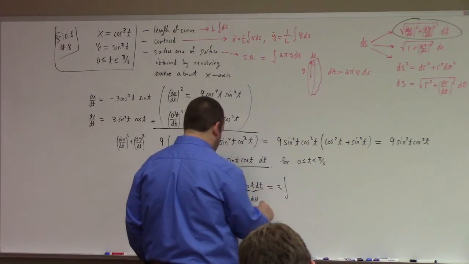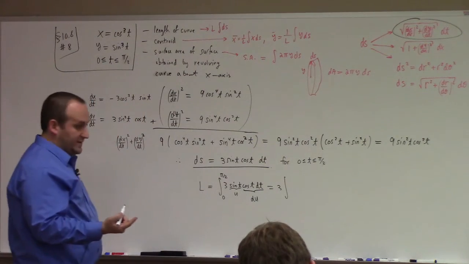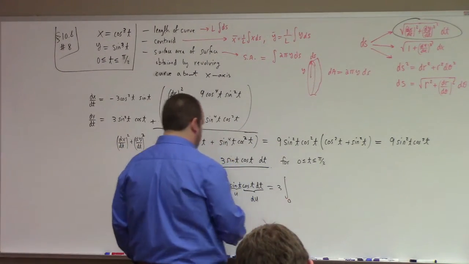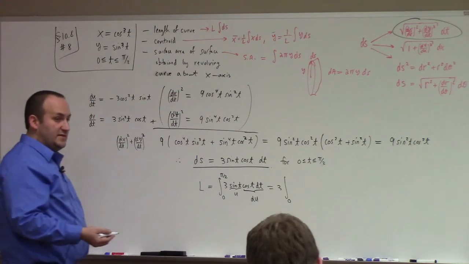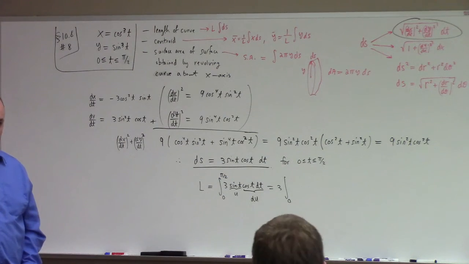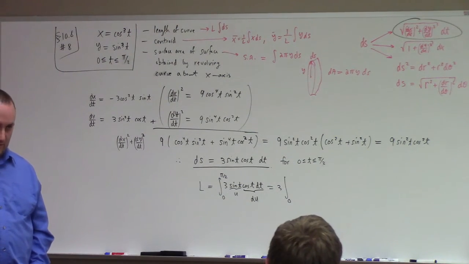3 integral. If u is equal to sine t, u of 0 is 0. If u is equal to sine t, sine of pi over 2 is 1, right?